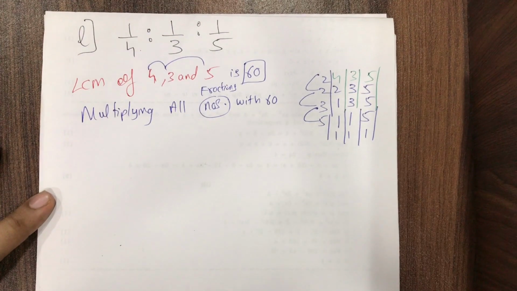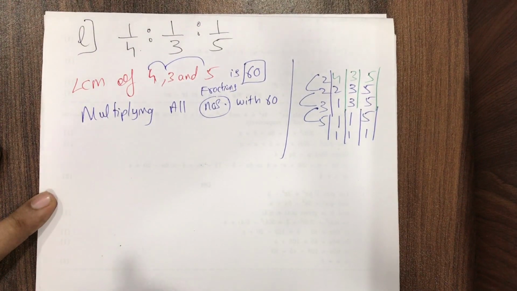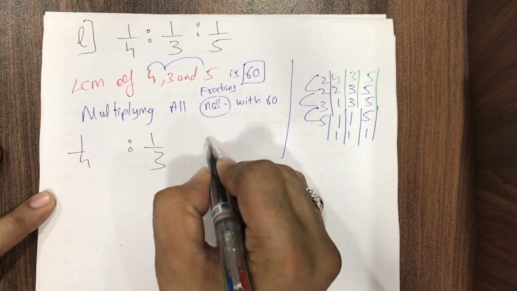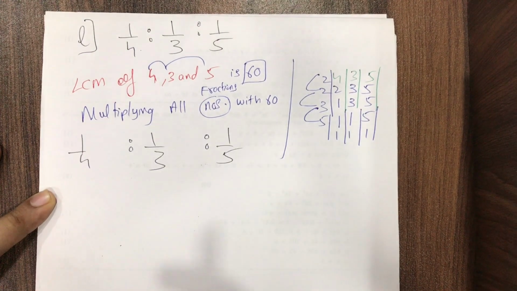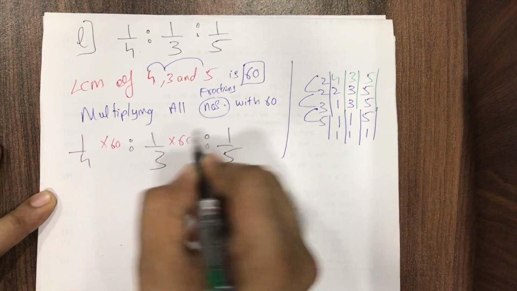Okay, so what will happen? Let's see here. I'll copy the question as it is first: 1 upon 4 ratio to 1 upon 3 ratio to 1 upon 5, multiplying each by 60.